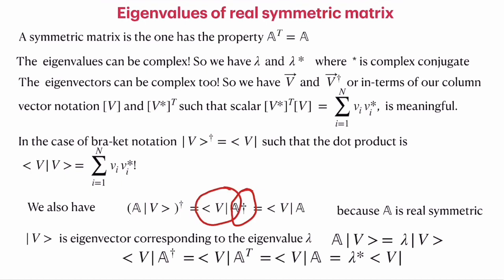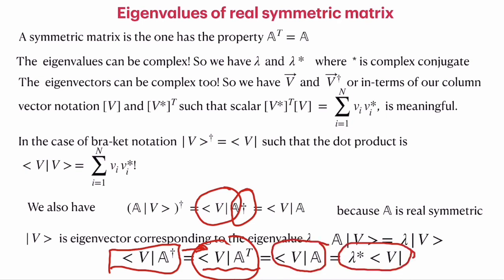Let's take the operation of A dagger operating on the bra vector V. Let's start with that, and because it is a real vector, the complex conjugation has no effect, so we get A transpose operating on V. Now A is a real matrix, so the transpose itself has no effect. Then we are left with A operating on V, which leads to the eigenvalue times the eigenvector.